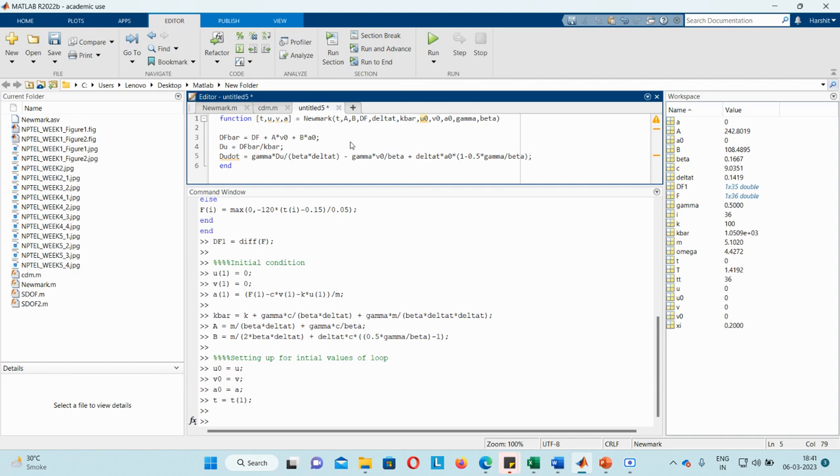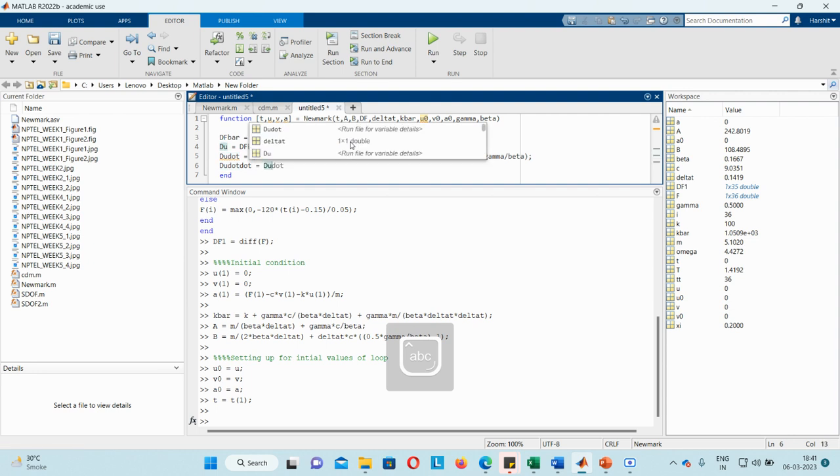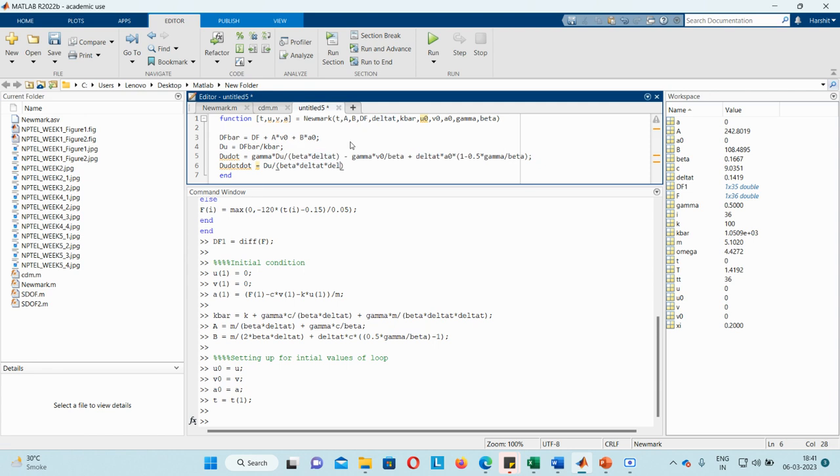Okay, so this is the du dot value, and similarly du dot dot will be given by du divided by beta delta t times delta t, minus v naught upon beta delta t, minus a naught upon 2 times beta.